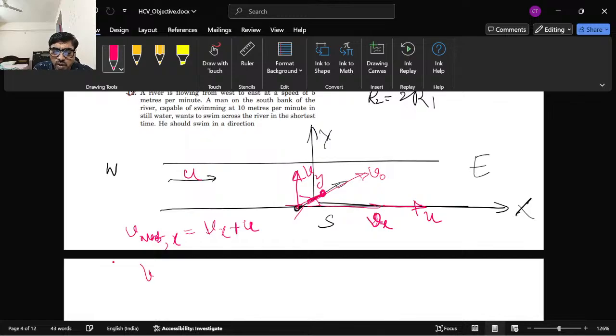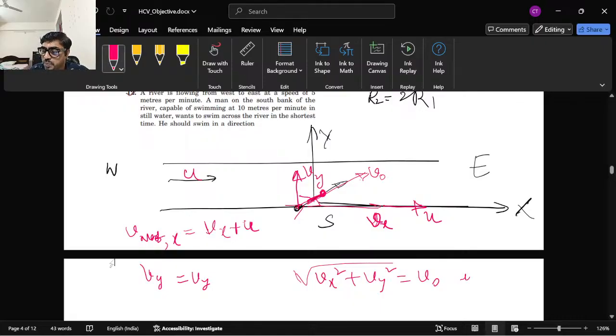Net velocity in y direction is how much? Only Vy. But we know that root over Vx square plus Vy square is equal to V naught, that is swimming speed. That is constant. That is your capacity, how hard you can swim. That is going to be constant.